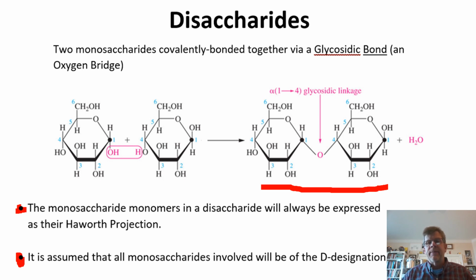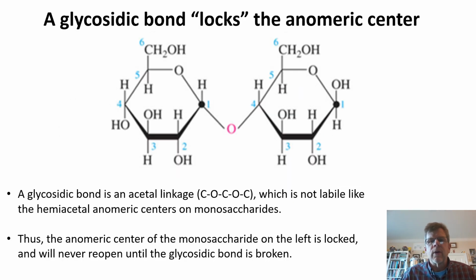Let's take a closer look at a glycosidic bond in a disaccharide with respect to the anomeric centers in each of the monosaccharides which make up the disaccharide. Here is our glycosidic bond, our oxygen bridge.